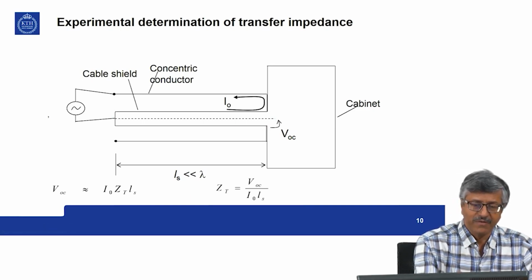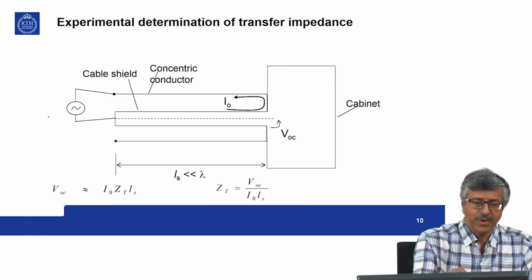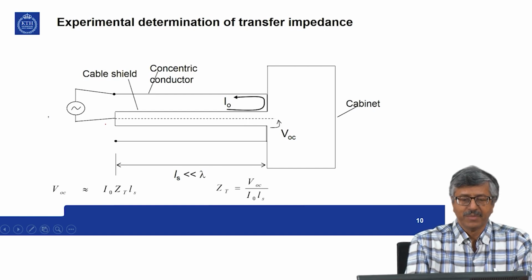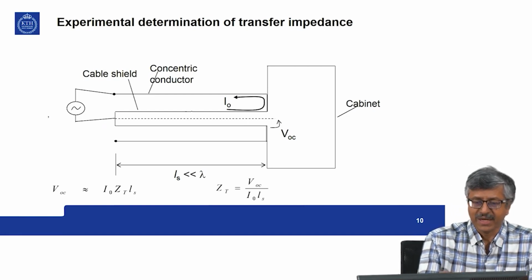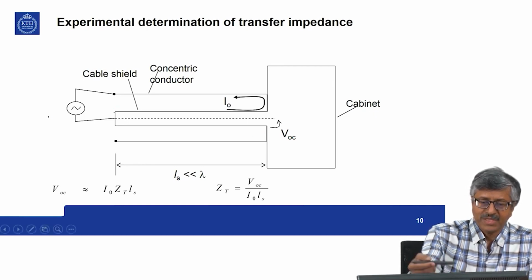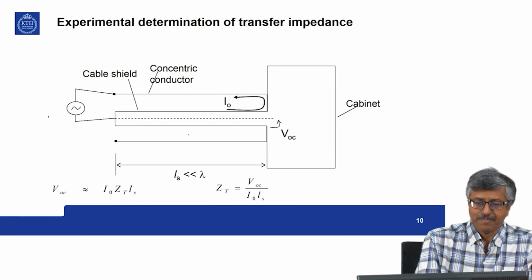One end of the shield and the inner wire are connected together, and you are injecting a current I0 into this shorted combination. Basically you are circulating a current along the shield. This is a cross section of what is being shown.